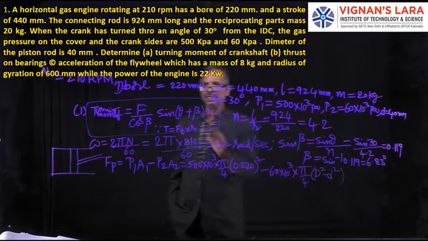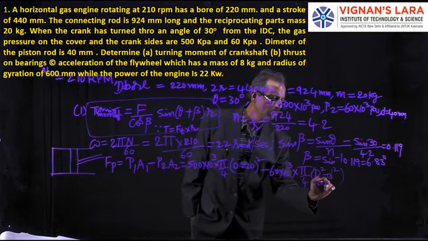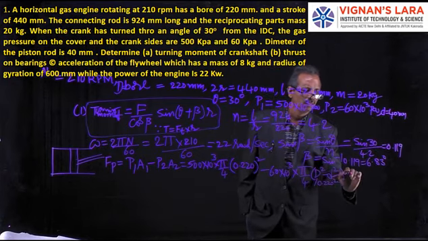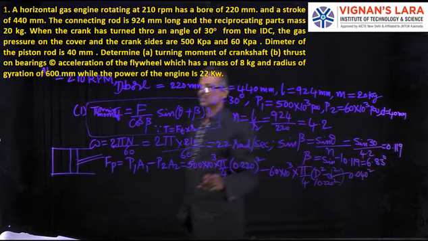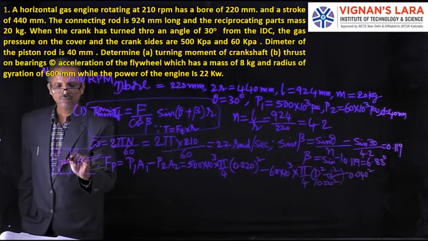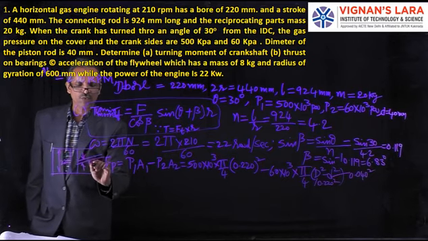What is capital D? This is 0.220 square. And what is small d? 0.040 square. So this has given 220 and this is given 40.